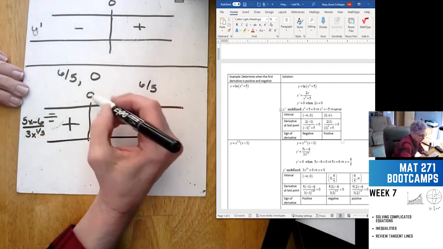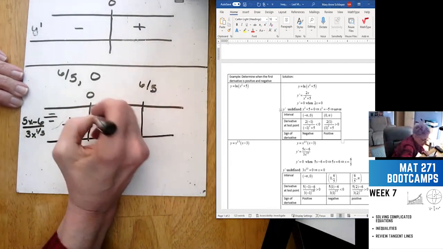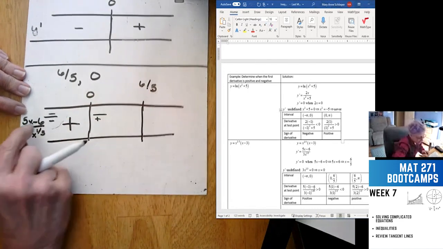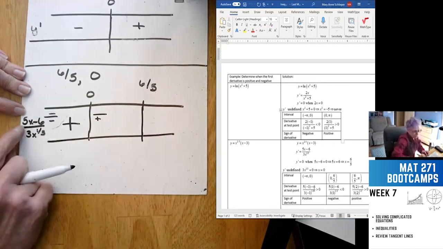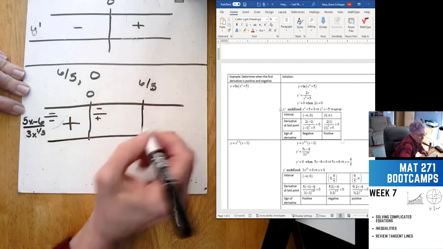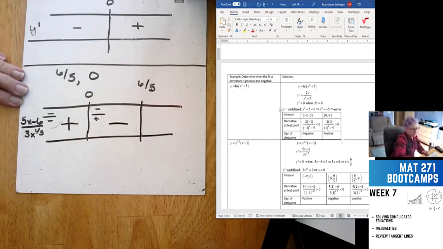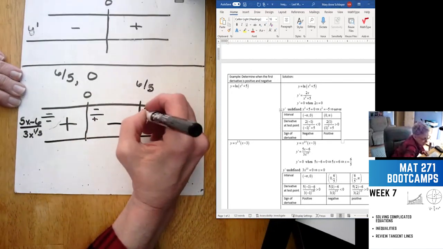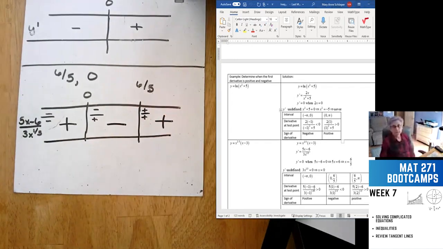If you pick something between 0 and 6/5, the denominator is easy. It's going to be positive. But something between 0 and 6/5, you're going to have something like 5 minus 6. You'll have a negative numerator. Negative over positive is negative. And something bigger than 6/5 is going to give you a plus over a plus, which is a plus.